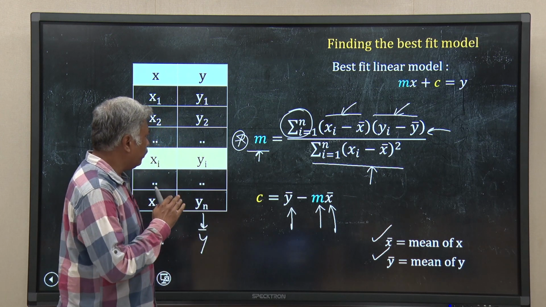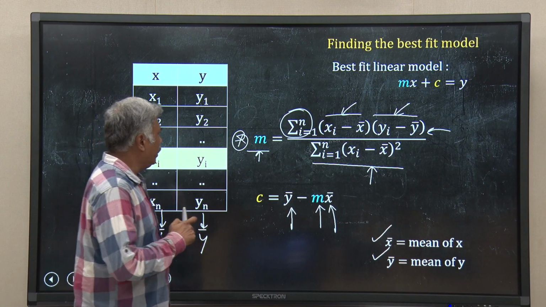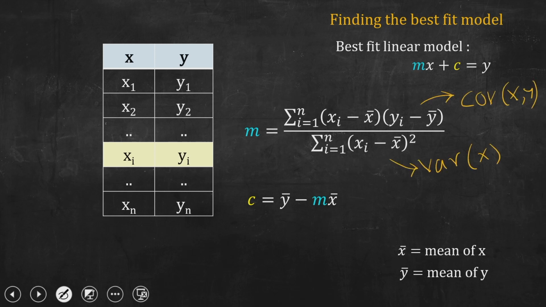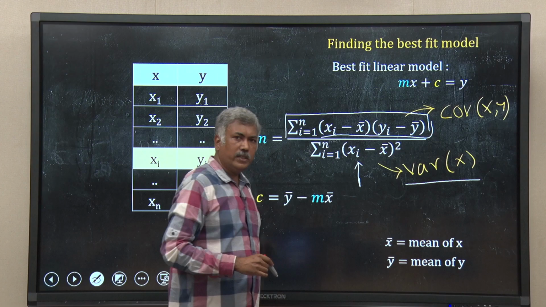Now, if you pay attention to the terms in the numerator and denominator, you will realize that the numerator is nothing but the covariance between x and y in your sample, whereas the denominator, if you remember from one of our lectures where we discussed sample variance and sample covariance, is nothing but the sample variance of x.